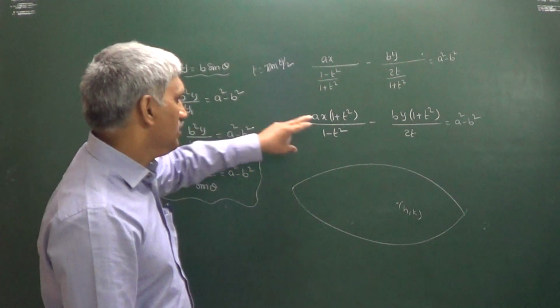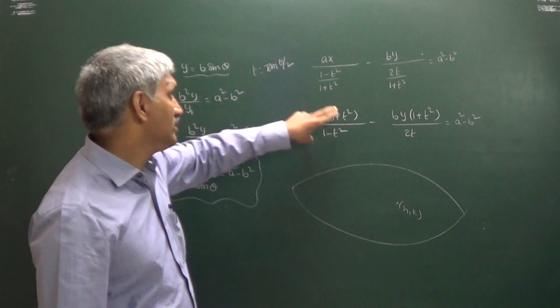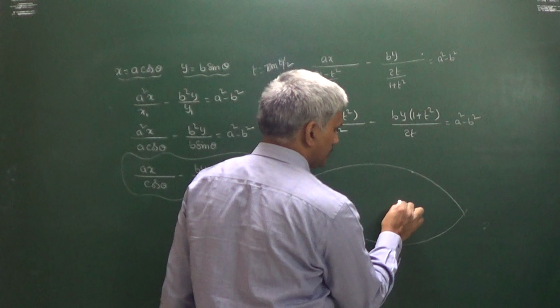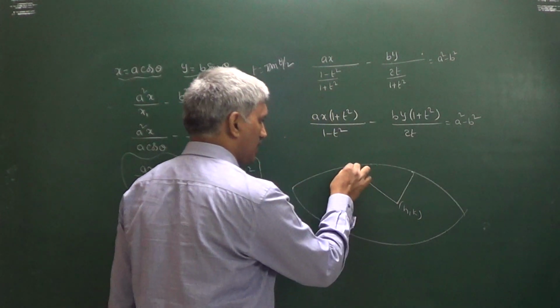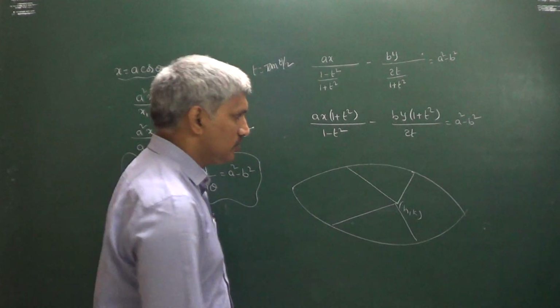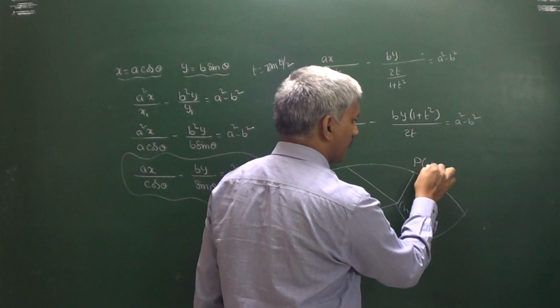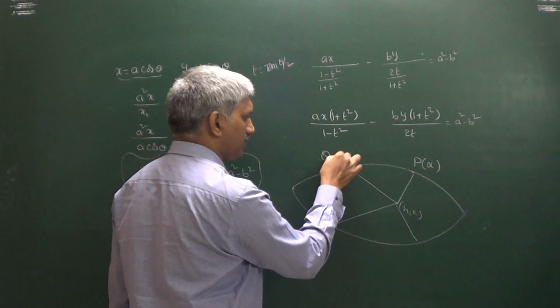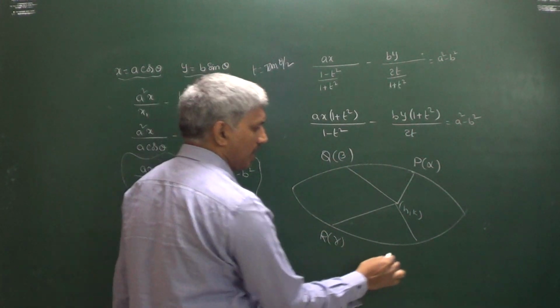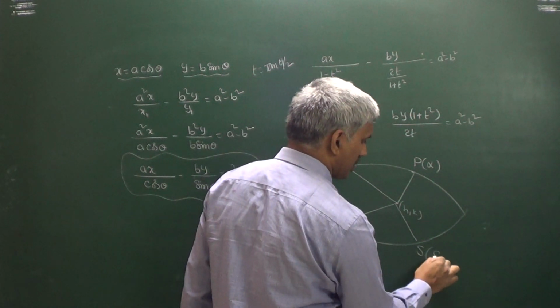That's why t values are 4, which means theta values are 4. So here this is one normal and this is another normal. Maybe this is one more normal, this is another normal. So let us say this point is alpha and this point is beta, and this is gamma and this point is delta.